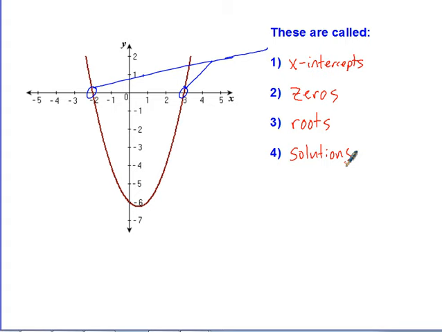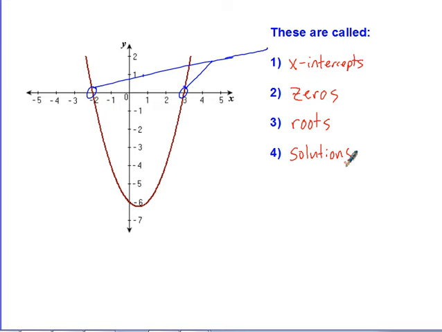Why they have 4 different names, I have no idea. But all 4 of those things mean the same thing. So if I'm ever saying, hey, find me the roots of this function, what am I asking you to do? Tell me where it crosses the x-axis. If I say find me the solutions to this function, I'm asking where is it crossing the x-axis. If I say find me the zeros of this function, I'm asking where is it crossing the x-axis. Does everybody understand that? Okay, they all mean the same thing.